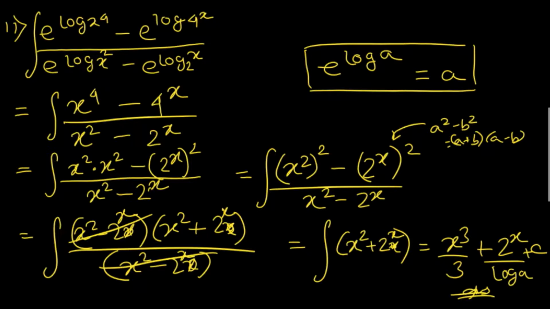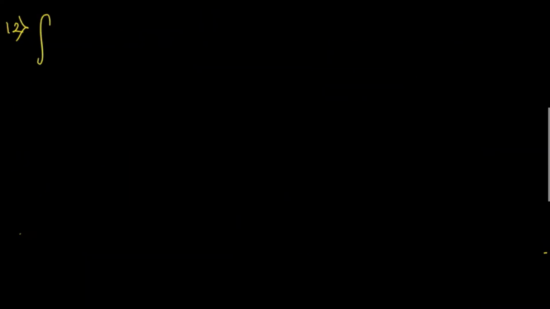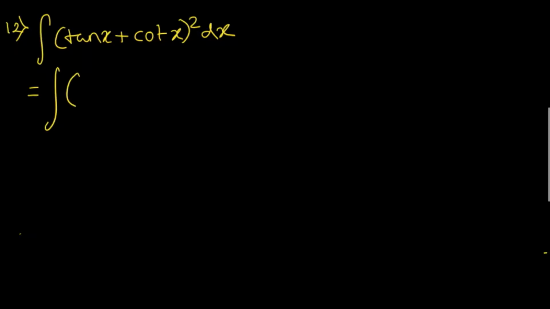And that is integration of tan x plus cot x whole square dx. What does it result in? We can break tan x into sin x by cos x and cot x into cos x by sin x. Basic trigonometric formulas.